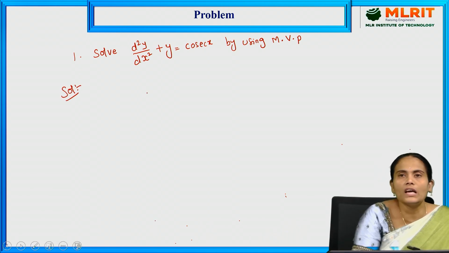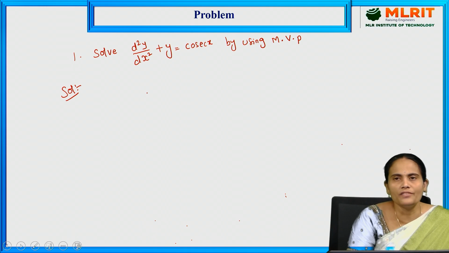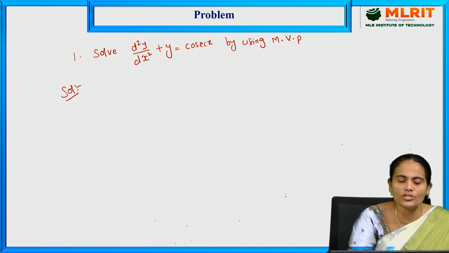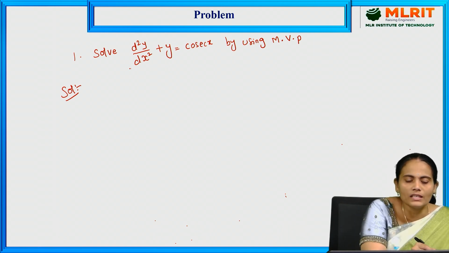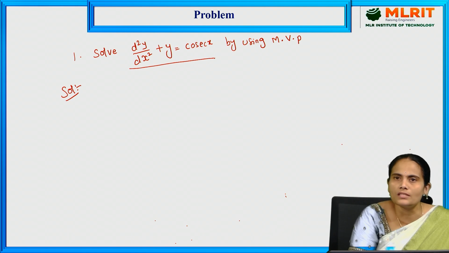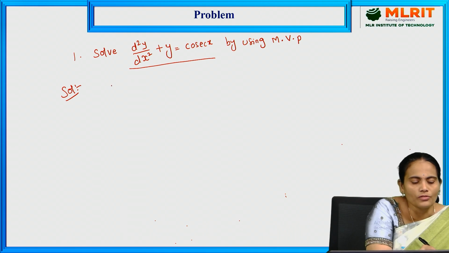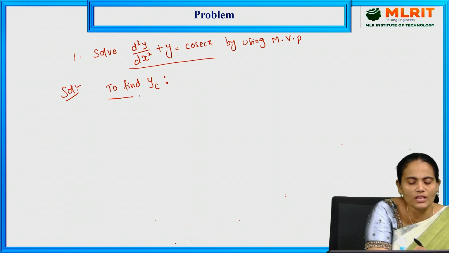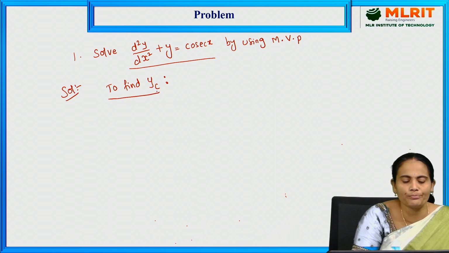First we have to find the complementary function. Before writing the complementary function, you have to check whether the given differential equation is second order or not. Clearly the given differential equation is second order, so we can use the method of variation of parameters. The complementary function we denote as yc.